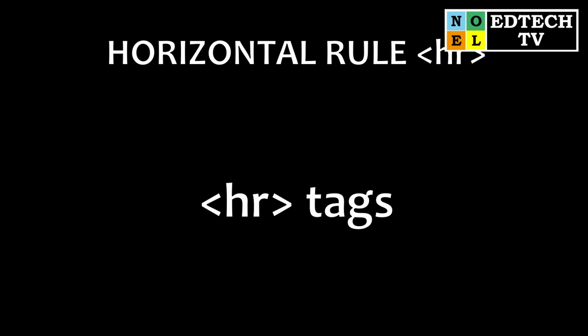Now let's talk about the horizontal rule, or what we call the HR tag. The HR tag defines a thematic break in an HTML page and is most often displayed as a horizontal rule. The HR element is used to separate content or define a change in an HTML page.